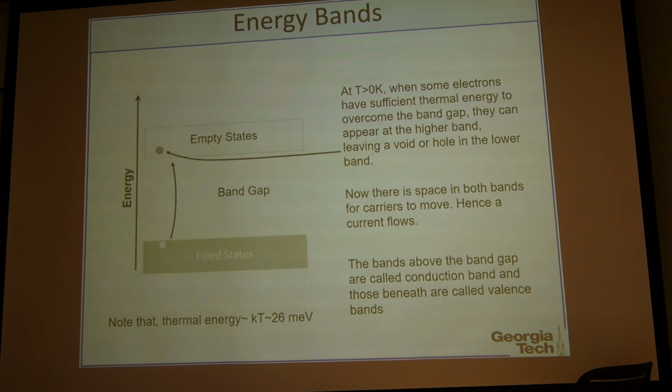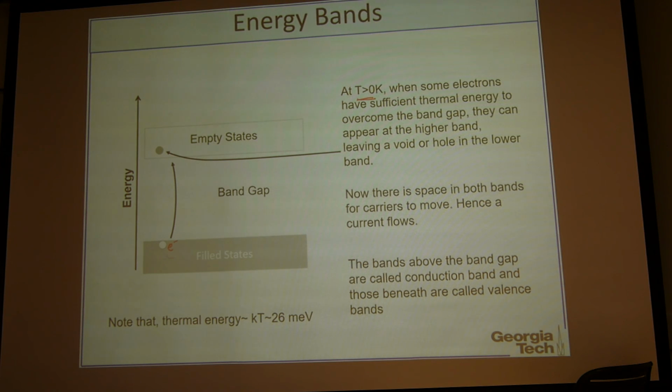Then let's look at T larger than 0 Kelvin. In this band picture, some electrons will have some thermal energy to overcome the band gap. There's a gap between those two bands, and if the electron has enough thermal energy, it can jump from the filled state to the empty states.